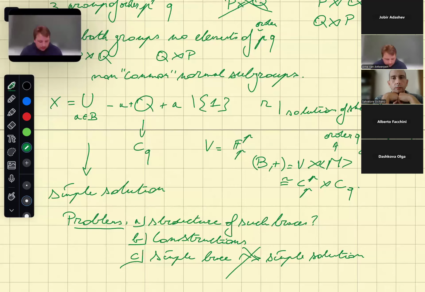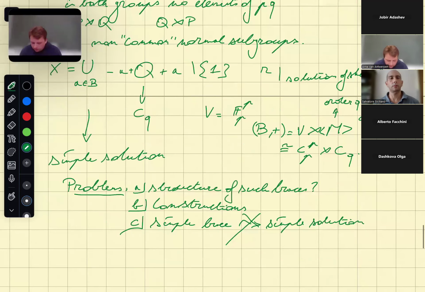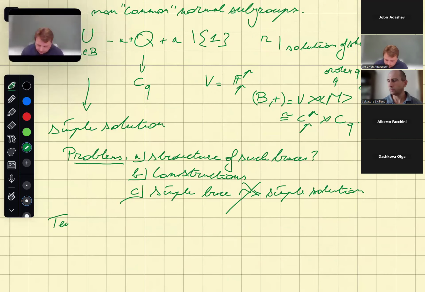And then I'll finish by quickly giving a teaser of a paper we hope to publish in the next two to three weeks. It is a solution to what I wanted to say on problem D. Can you construct, maybe using these ideas, new simple or indecomposable solutions from old ones?